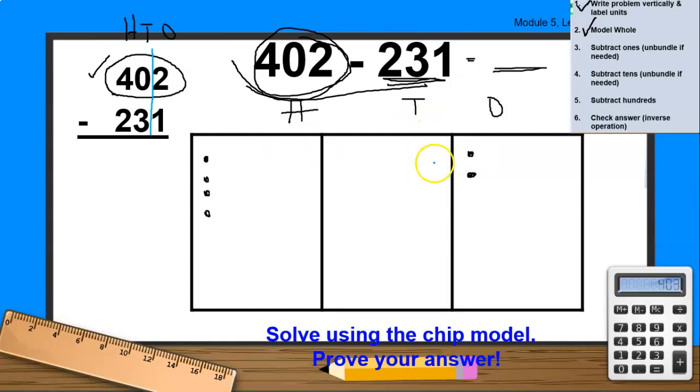So, I don't have to unbundle. I end up with 1, boys and girls. Now, moving on, let's look at the tens place. I don't see any tens on the model. Look, this is 0. And I have to take away 3.